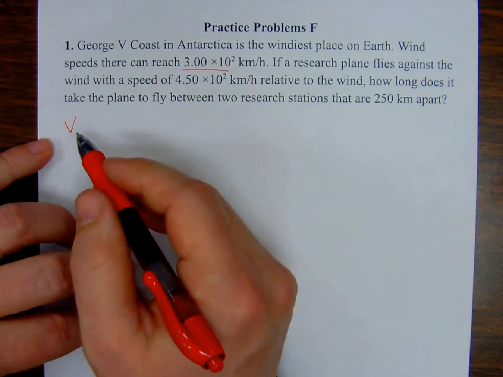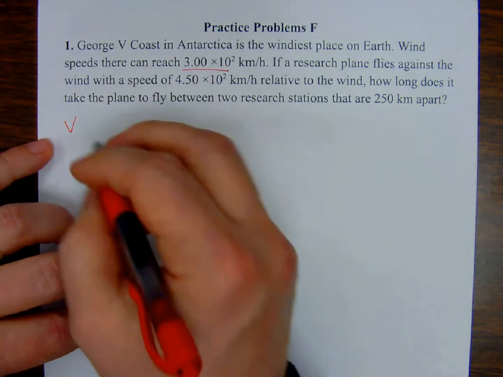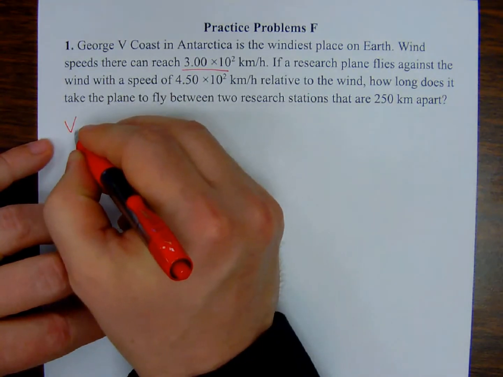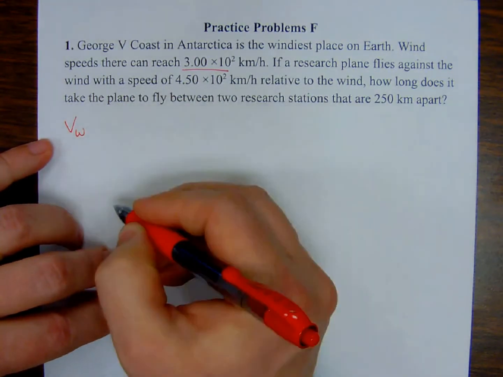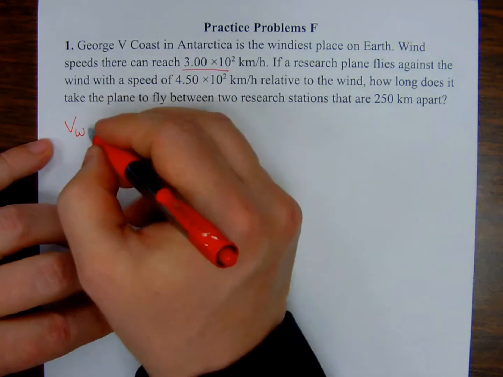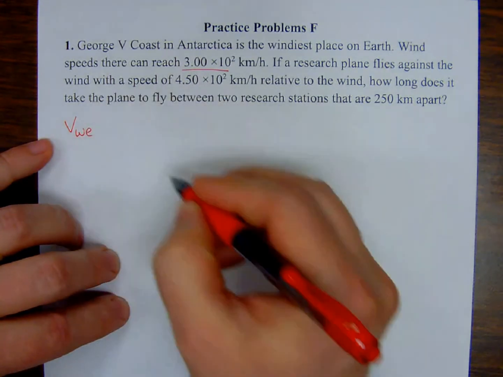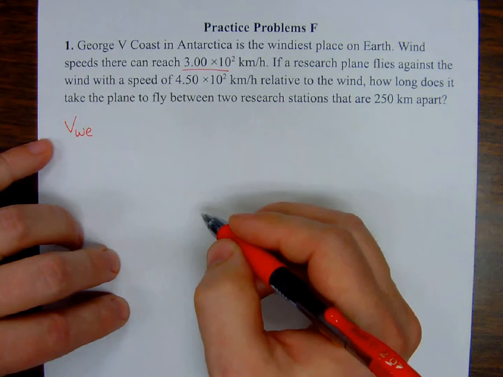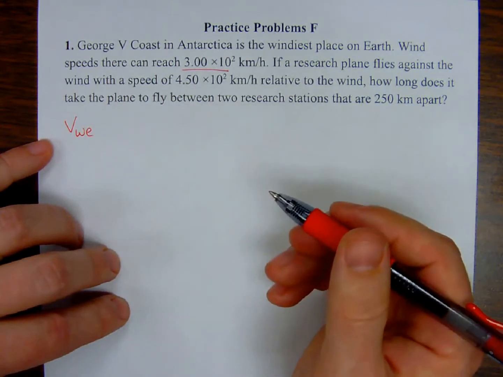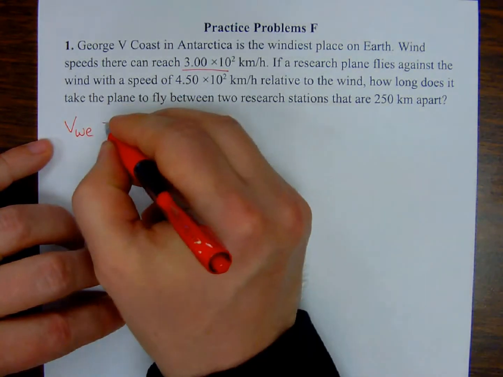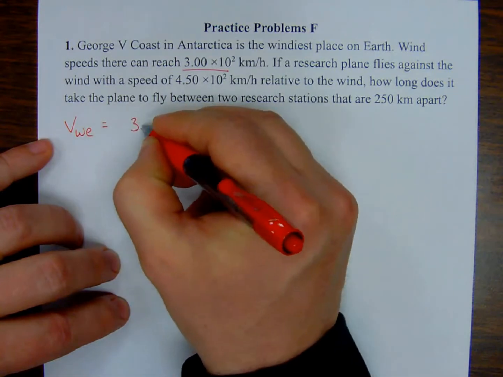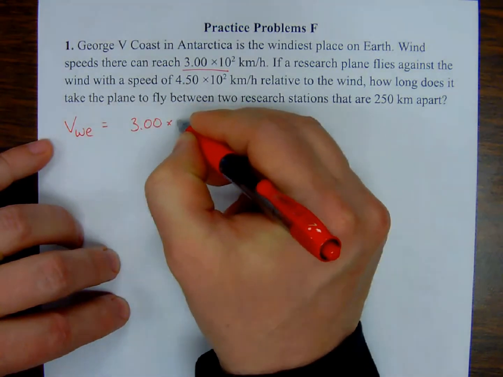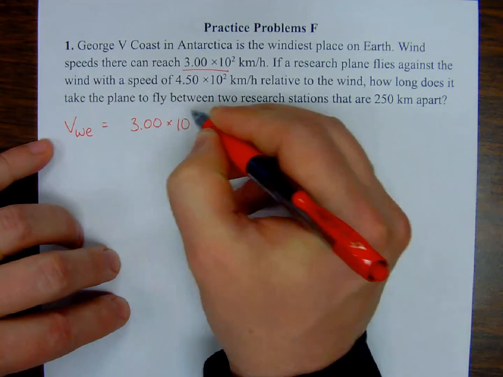This is the velocity of the wind with respect to Earth, with respect to the actual planet. That is 300 kilometers per hour, which is 3.00 times 10 to the second kilometers per hour.